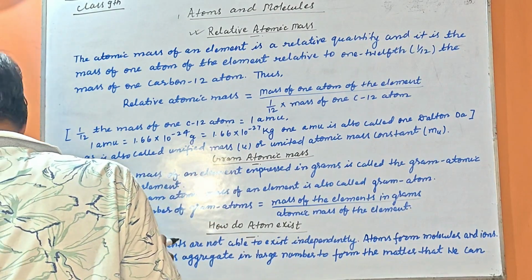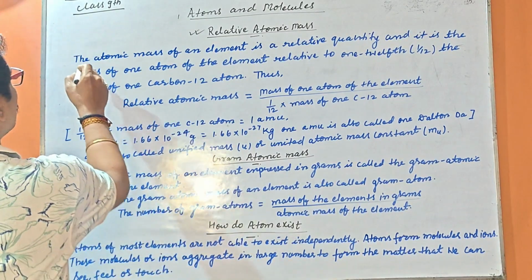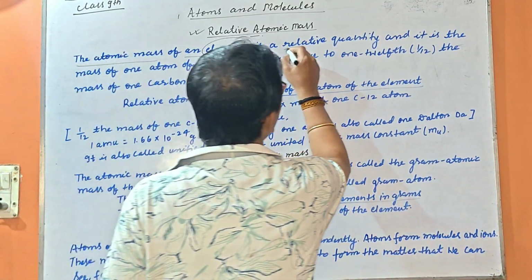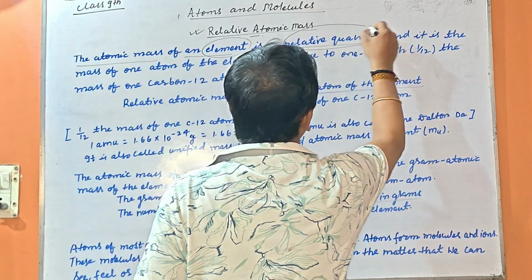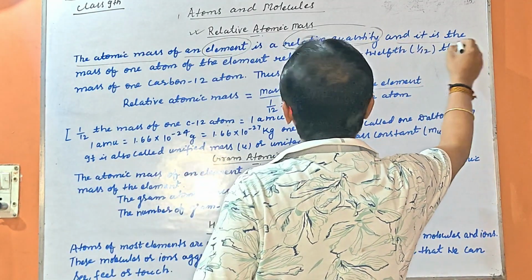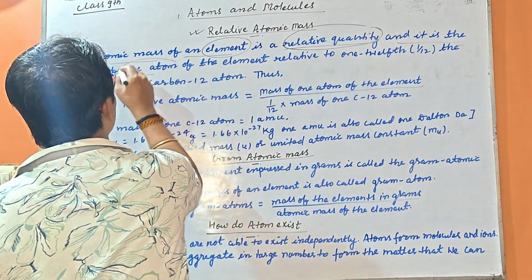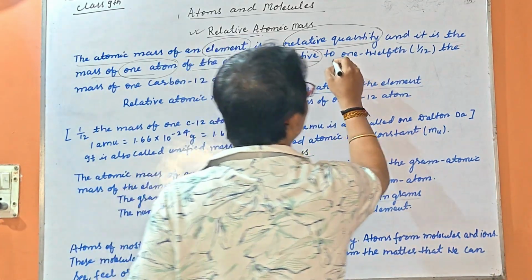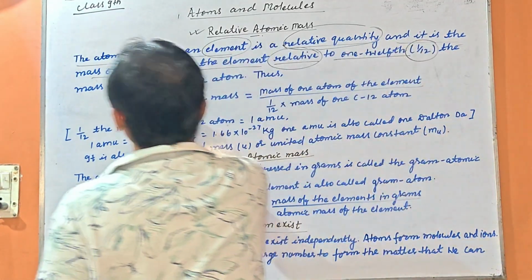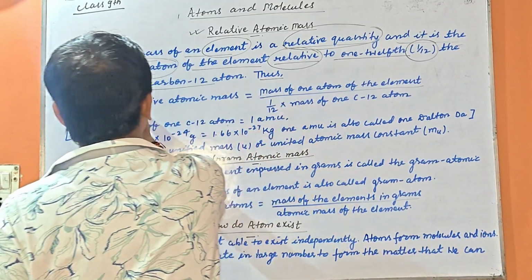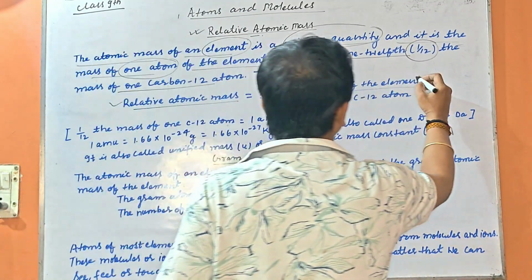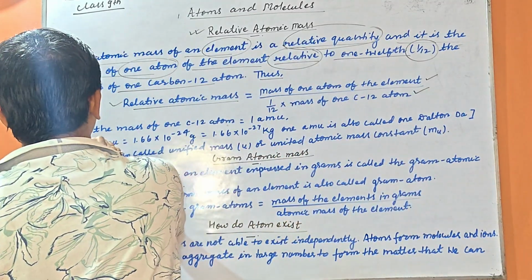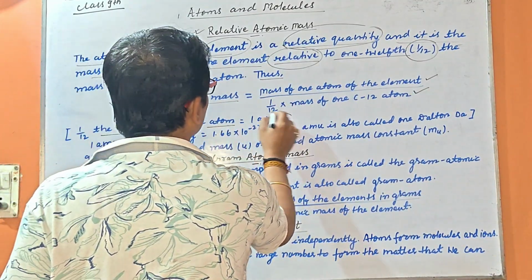Before starting, the atomic mass of an element is a relative quantity. It is the mass of one atom of the element relative to 1/12 of the mass of one carbon-12 atom. 1/12 the mass of one carbon-12 atom is 1 u.